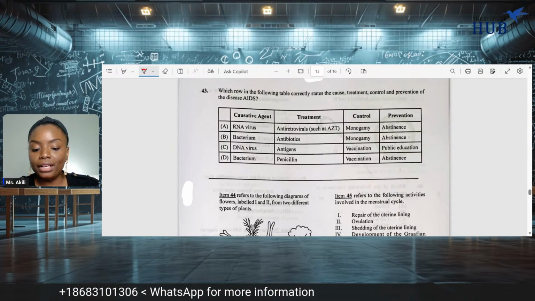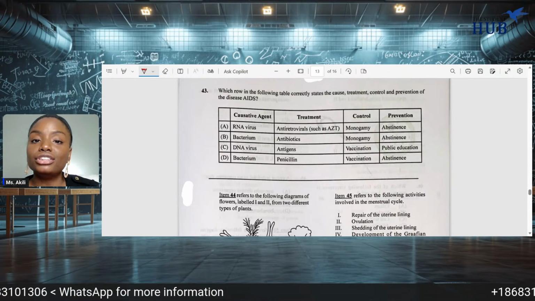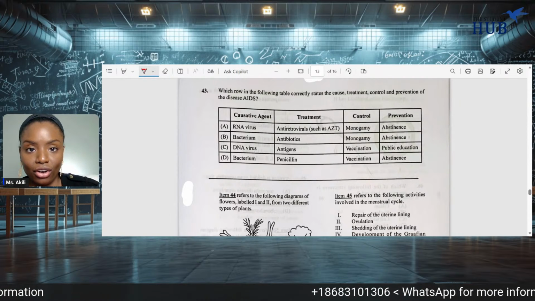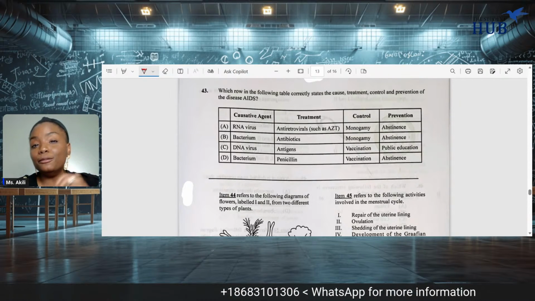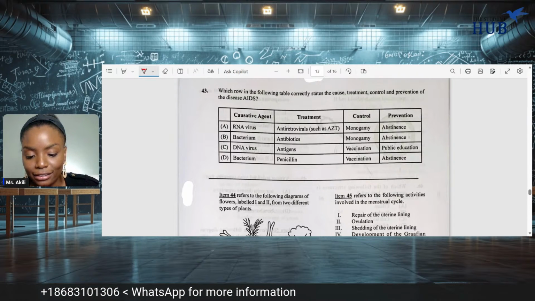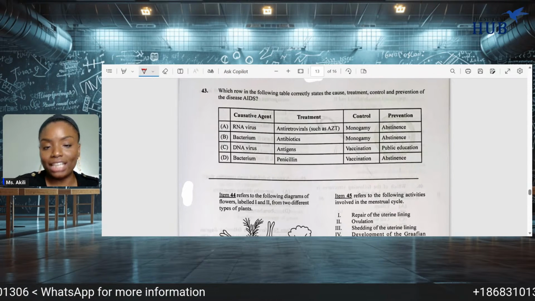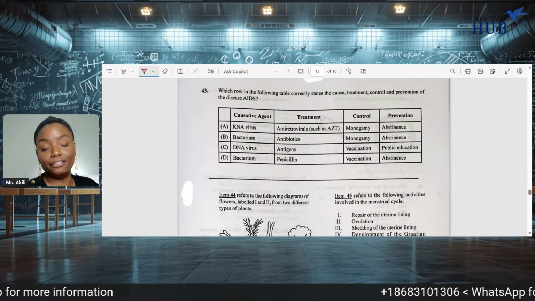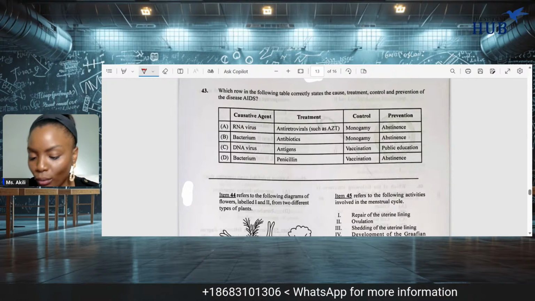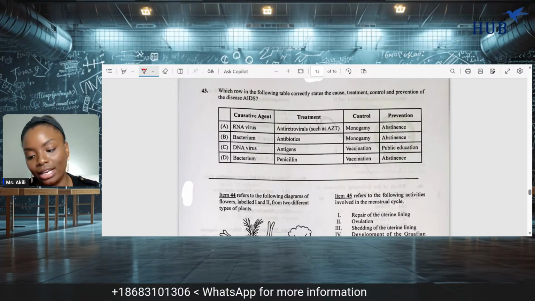So we can use antiretroviral drugs, such as AZT, to stop the replication of the HIV virus, because the higher the viral load a person has in their system, the more damage ensues, and the greater the chance of the development of AIDS, right? Control will be monogamy, having one sexual partner, and prevention, abstinence.